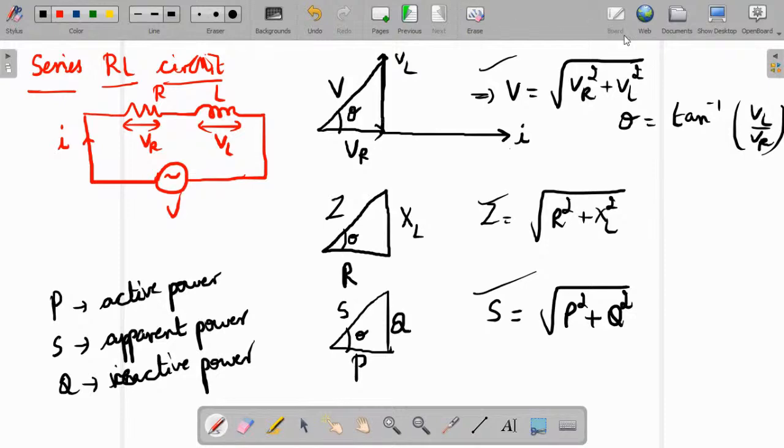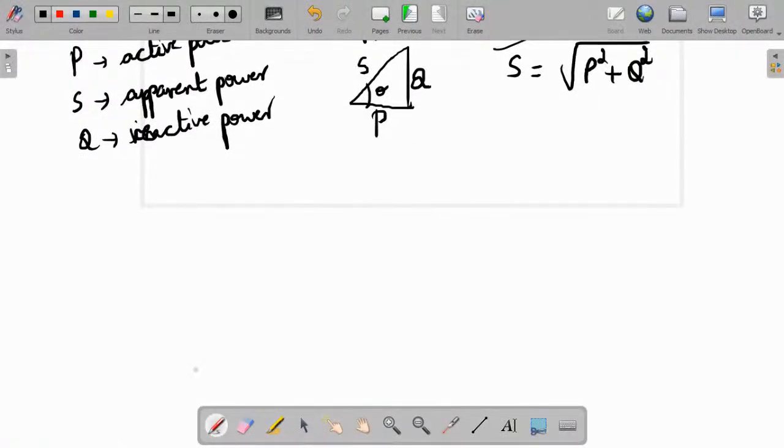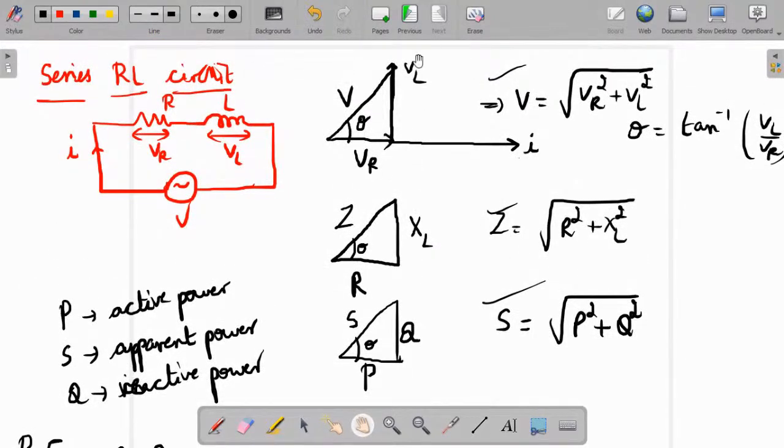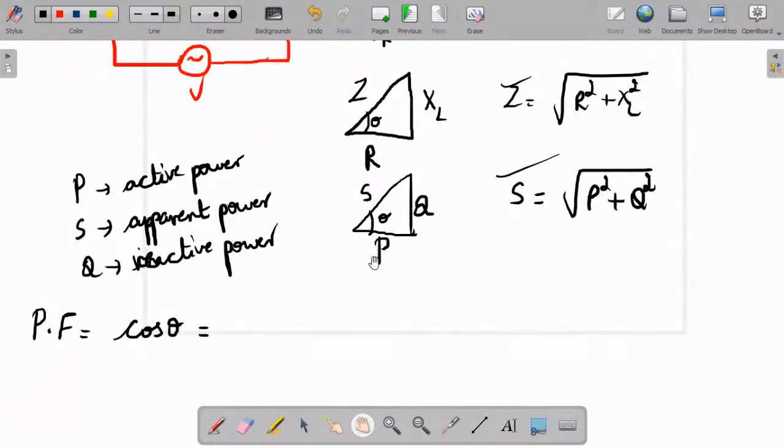So for the series RL circuit, power factor. What is power factor generally? Power factor is given by cos theta. Above, I drew three phasor diagrams, with voltages across the resistor and inductor, impedance values Z, R, XL, and active, apparent and reactive power.